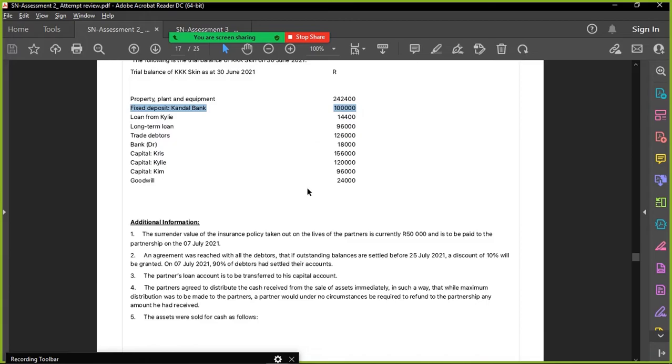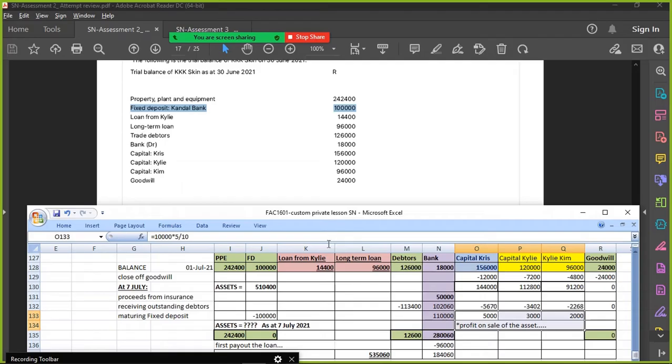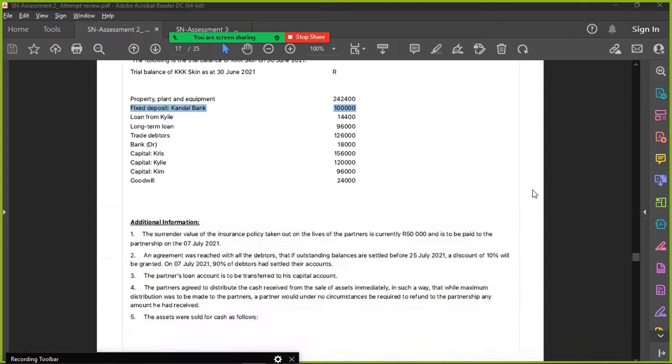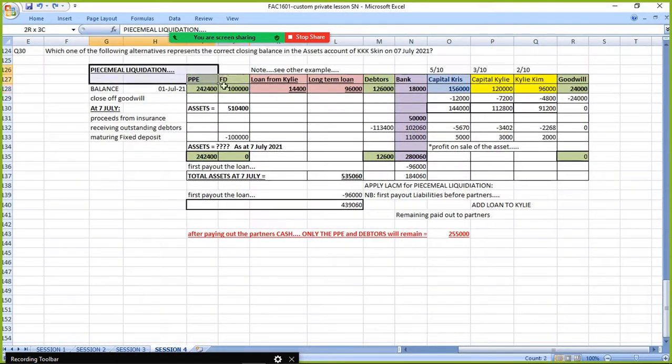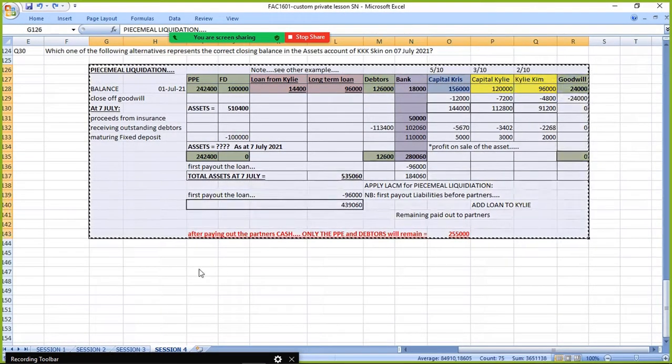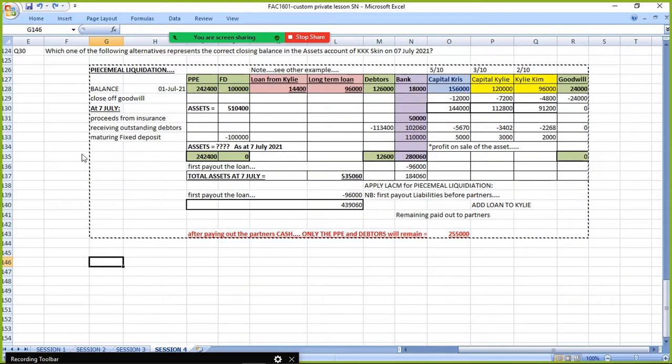If the balance here was 110, then it's fine. Then I would have put 110 initially. Because have a look at this. If this was 110, if I make this 110, okay, let me not change all of it. I'm just going to copy paste it again. Let me just show you.